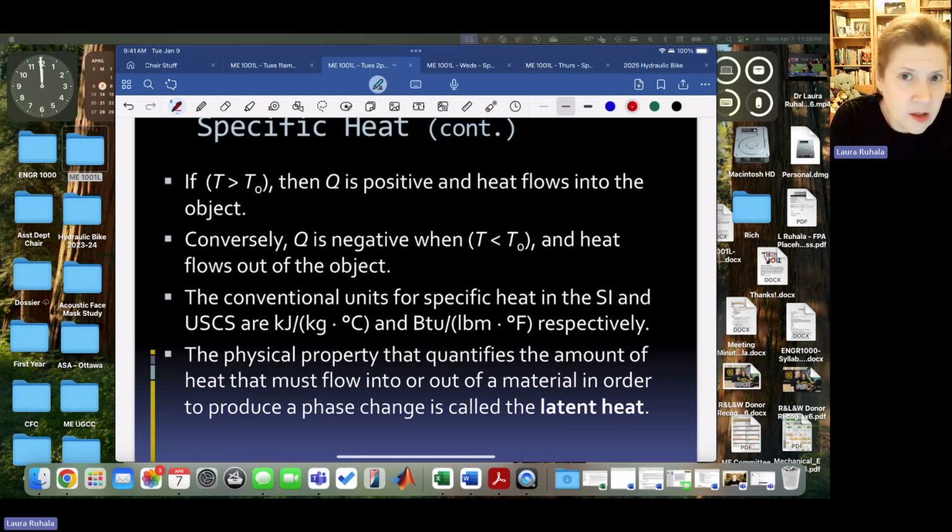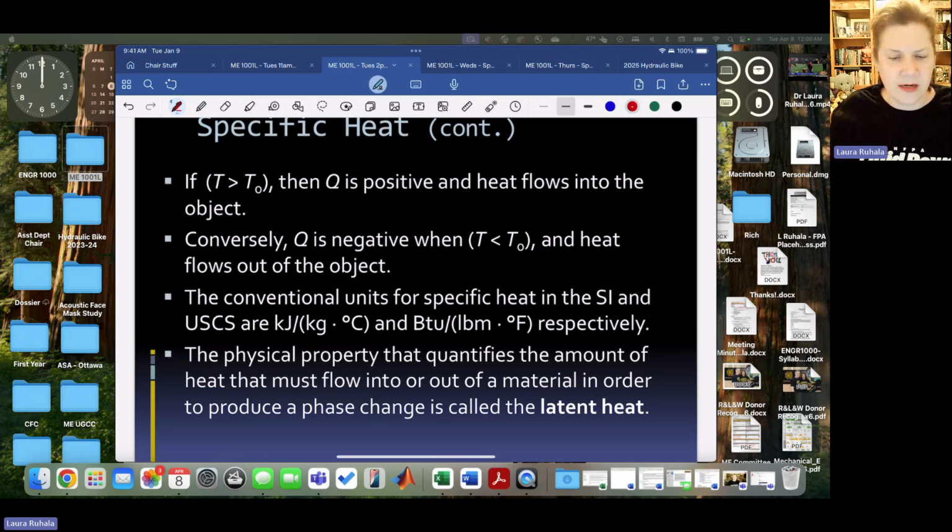If your final temperature is less than your starting temperature, Q is negative, and that means heat is flowing out of an object. So positive heat means the heat is flowing in, and you'll have an increase in temperature. Negative heat means the heat is flowing out, and you'll have a decrease in temperature. The units for specific heat would be kilojoules per kilogram degrees Celsius and BTU per pound mass degrees Fahrenheit in the two systems.